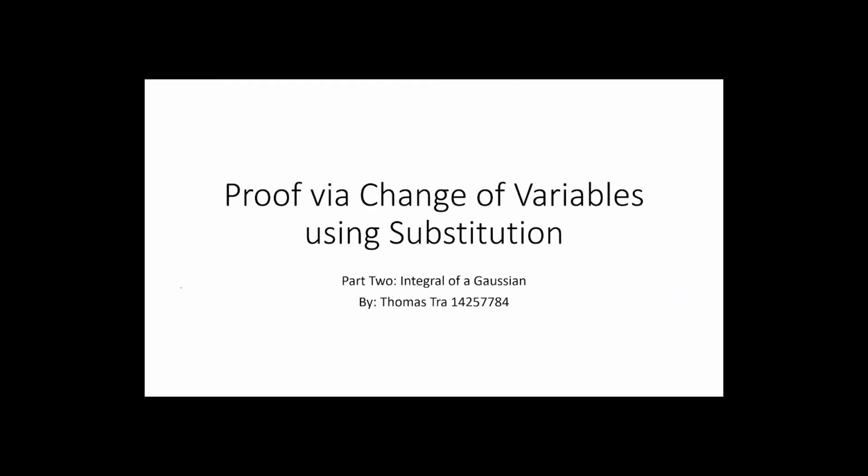Hi, I'm Thomas Tra, and this is part 2 of the team assignment where I'll be covering another Gaussian integral proof, namely, proof via change of variables using substitution. This time, we let j be the integral from 0 to infinity of e to the negative x squared dx. Since x is used as a dummy variable, we can also let the function be equal to the same integral, only replacing x with y.